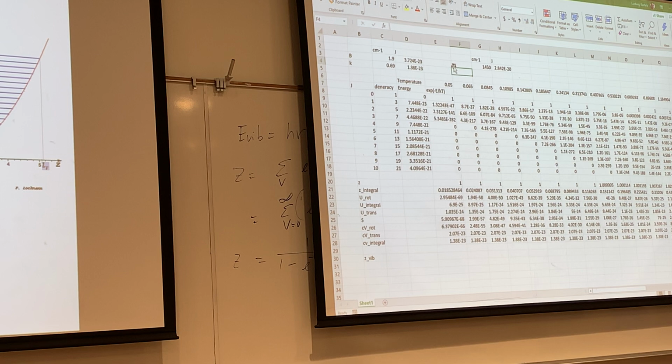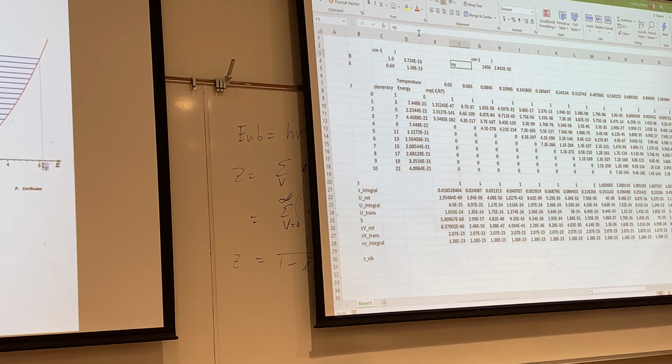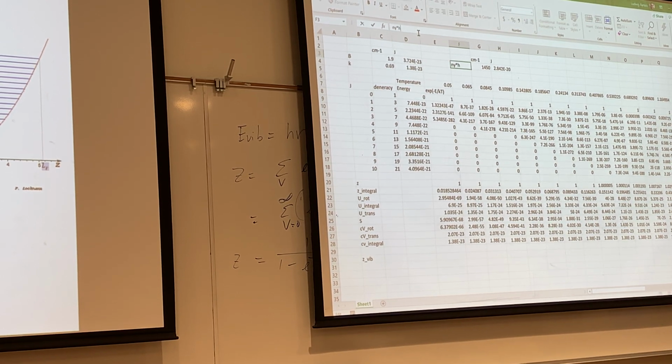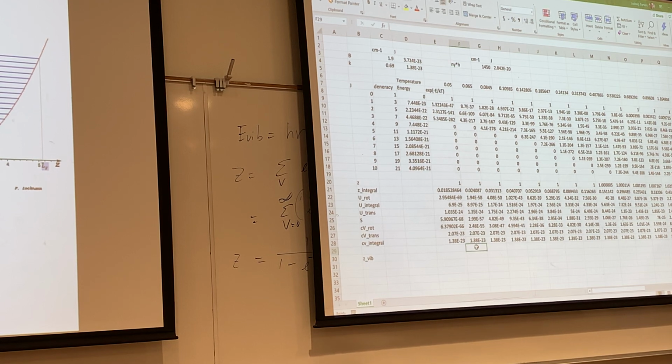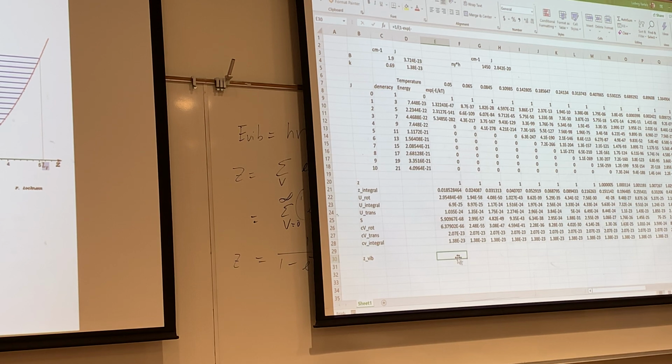Z equals 1 divided by 1 minus the exponential of minus, and I forgot still something.